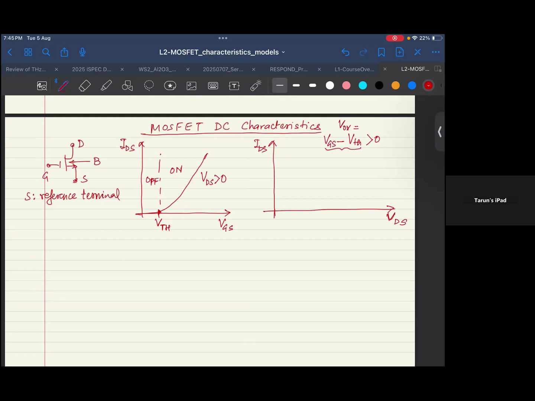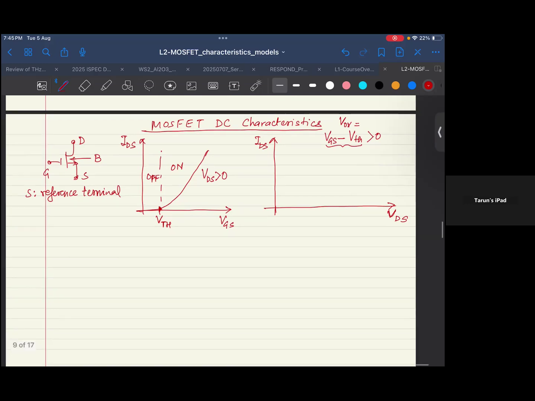So if VGS is greater than VTH, the transistor is in the on condition. Then if we apply VDS, the current changes first linearly, and after a certain point, it saturates. And this point is what we termed VDSAT, after which your current saturates to a value, right? So that is what we saw last time.